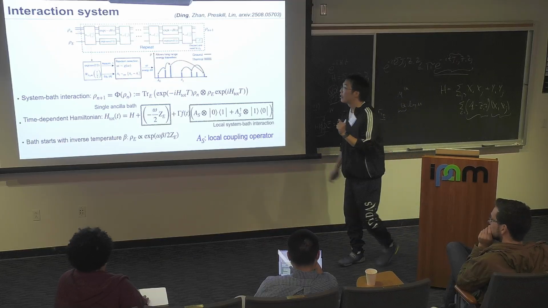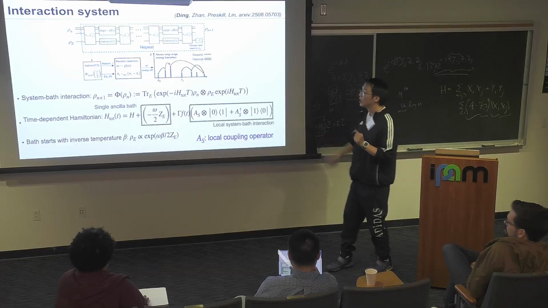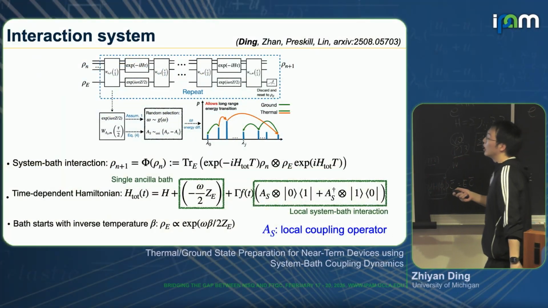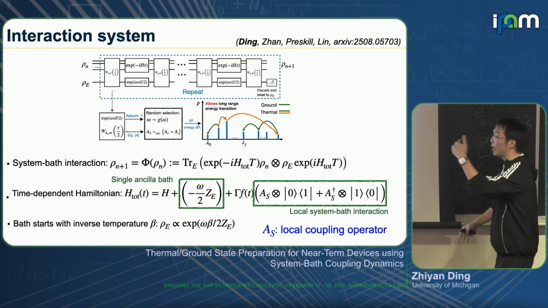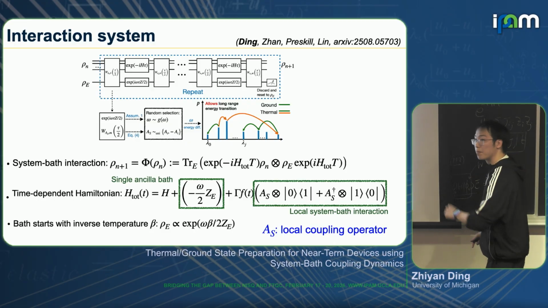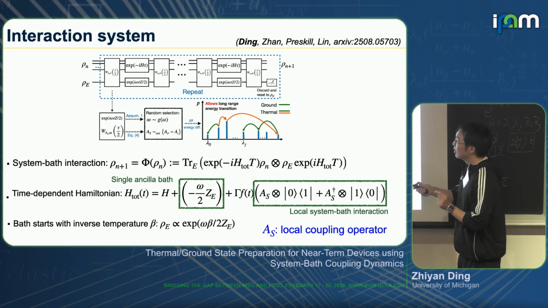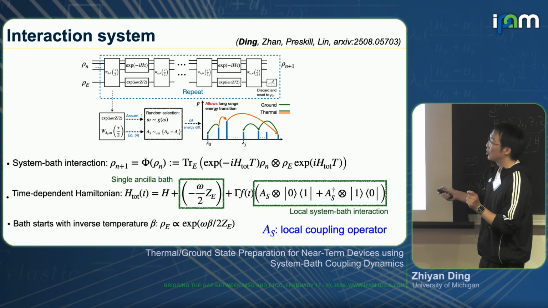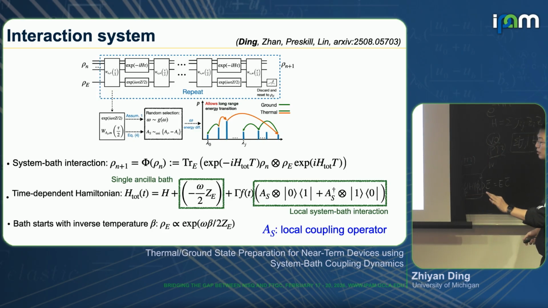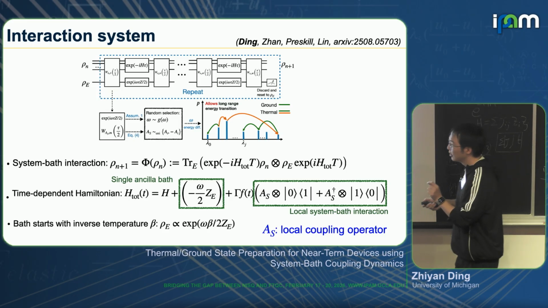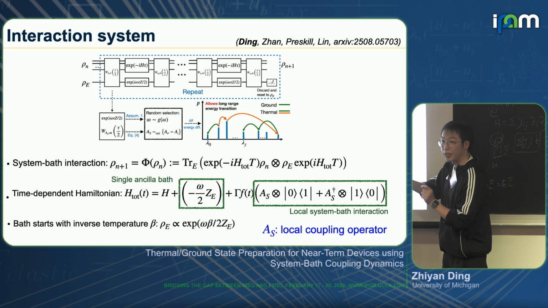So now I will give more details about this Hamiltonian simulation part. In each step of my algorithms, what we do is mimic our open quantum system dynamics. Basically, we do a time-dependent Hamiltonian simulation, and it contains three different parts. First, the system Hamiltonian, which corresponds to the Hamiltonian simulation here.